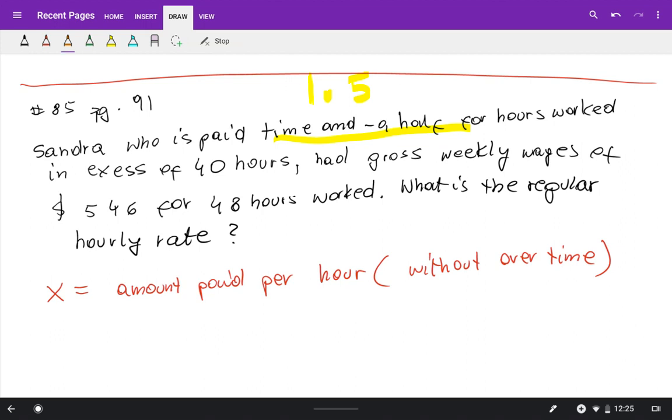So they pay her 1.5 of X. That's the amount paid for overtime.